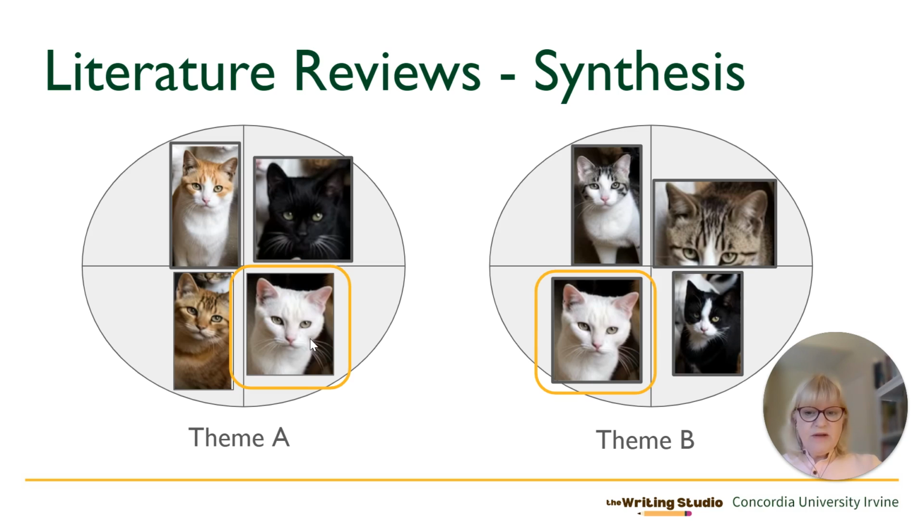And I just want to point out here that you can have overlap between those sections. It just kind of depends on your topic and how you break it down. And this could go on for several more themes, especially for a dissertation. You could maybe have 5 or 6 themes. It just depends.